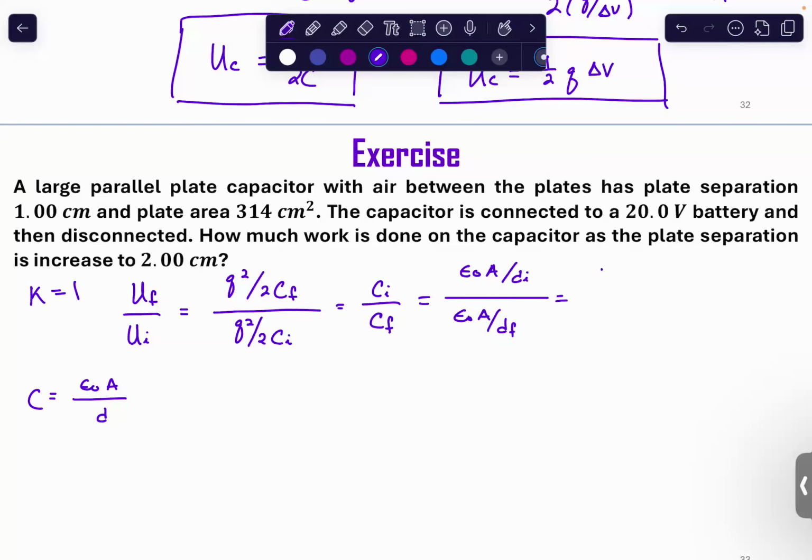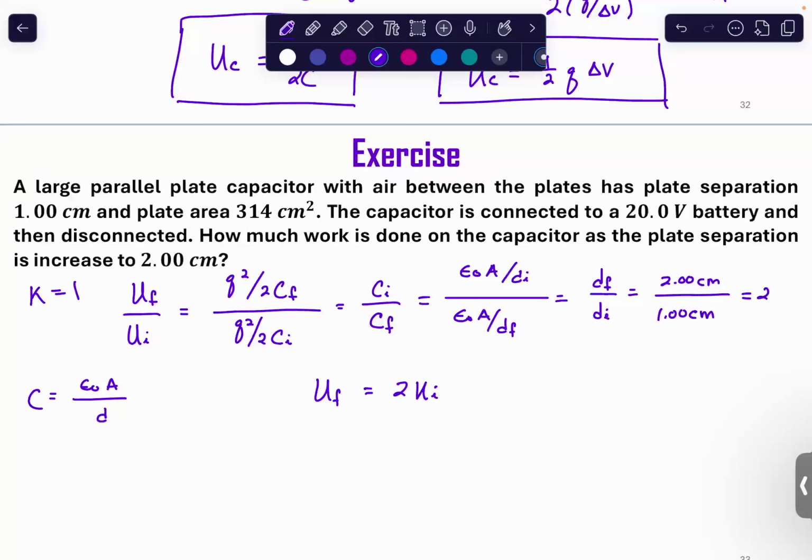And so that gets us a ratio of the final distance to the initial distance, which is going to be 2 centimeters over 1 centimeter equals 2. So this means that the final energy in the capacitor is going to be 2 UI.